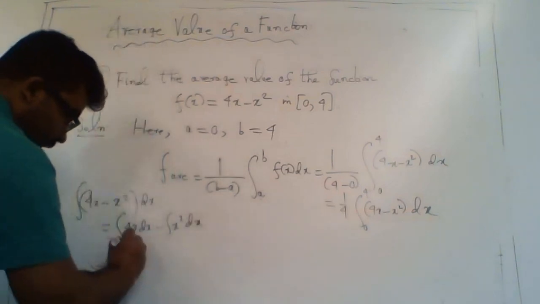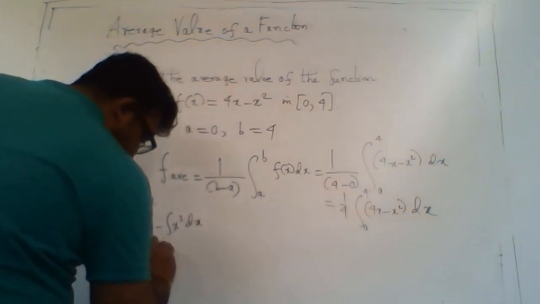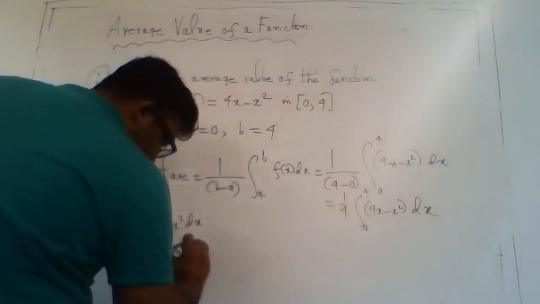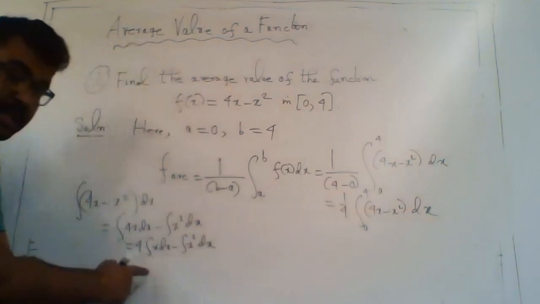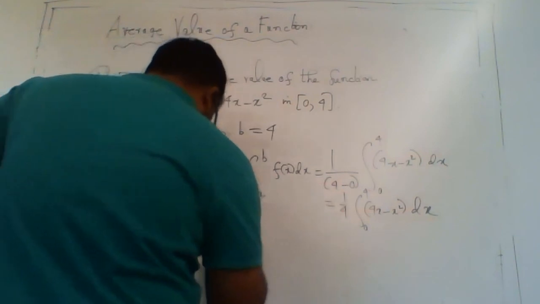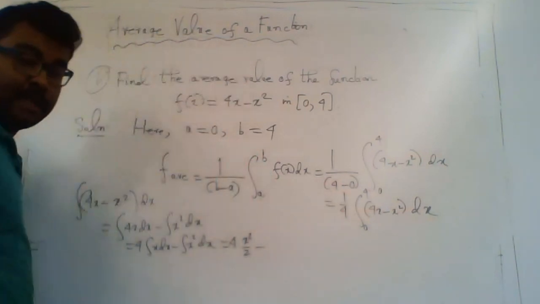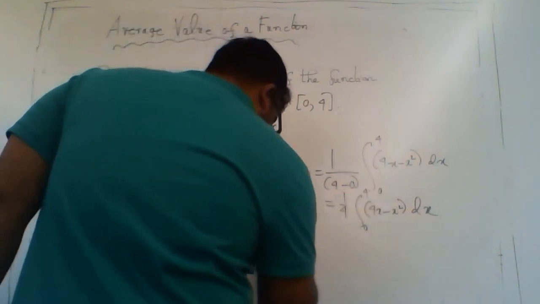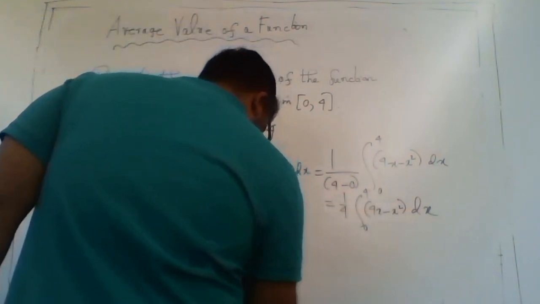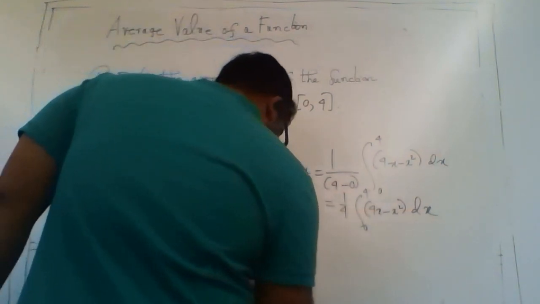So 4 can be taken out. You get 4 times the integral of x dx minus the integral of x squared dx. The integral of x dx is x squared by 2. The integral of x squared dx is x cubed by 3. So this is 2x squared minus x cubed by 3.